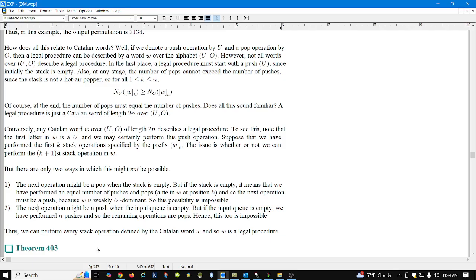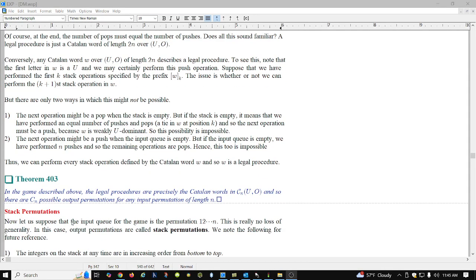So we can't be in a situation where the next operation is a push when the input queue is empty. So the only way we cannot perform the K plus first stack operation is covered by these 2, but these 2 can't happen. So we know we can continue to perform the operations specified by the Catalan word W, which means W is a legal procedure.